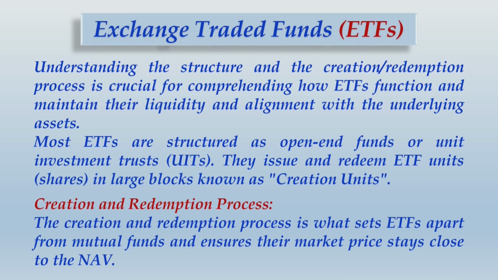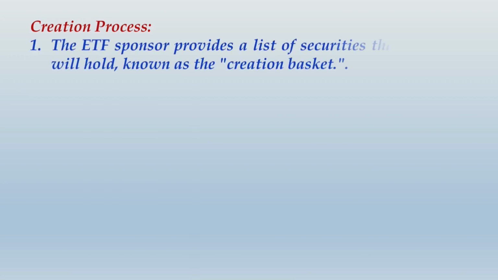Alright friends, once you have completed writing this whole thing, let us move ahead and continue writing further. Creation process. The first step over here will be: the ETF sponsor provides a list of securities that the ETF will hold, known as the creation basket.